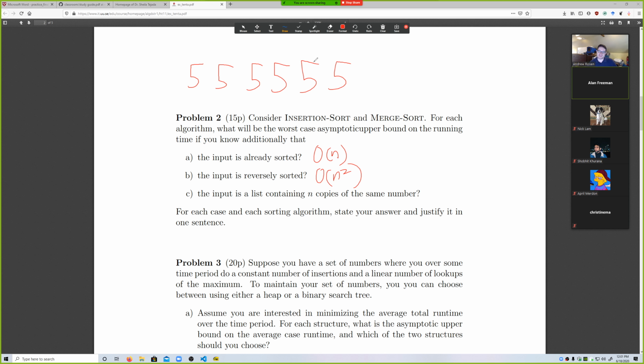Wait, no. It is already sorted because insertion sort is a stable sorting algorithm, which means that if this was the input, you'd expect the same fives to stay in order if you were keeping track of which 5 was which. Here's a great example. Okay, draw 5.